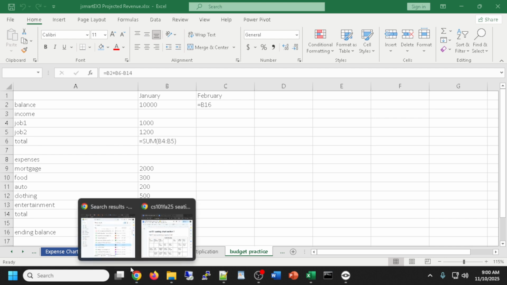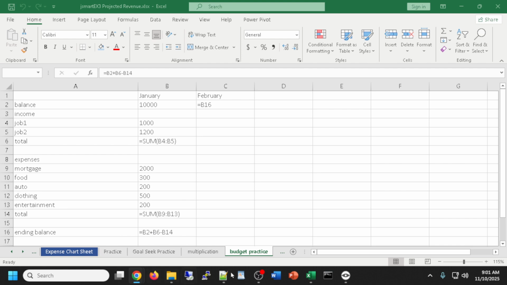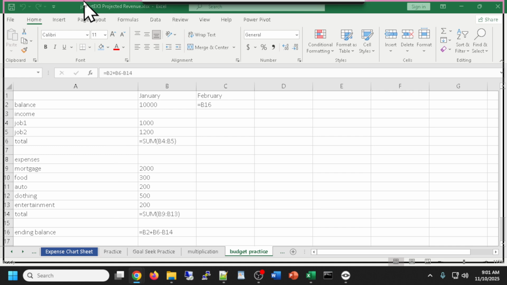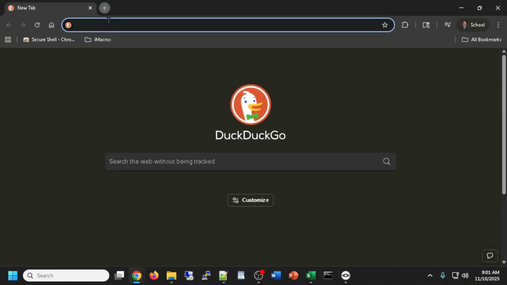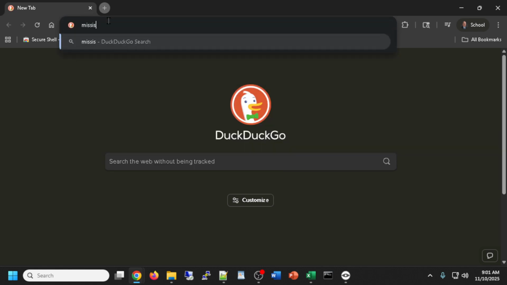If I go out to the internet, I'm going to bring up a browser page over here. I'll go look at Mississippi River height history.